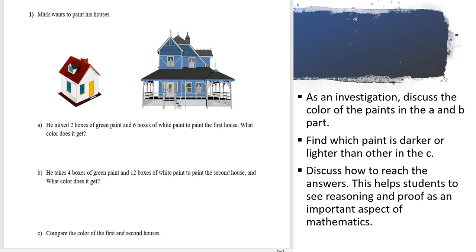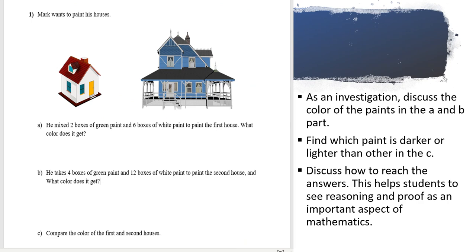I want them to compare the color of the first and the second houses. I discussed how to reach the answers in the video, and I think this helps students to see reasoning and proof as an important thing. So that's why I discussed the questions.